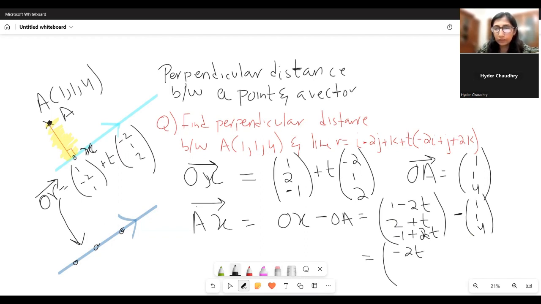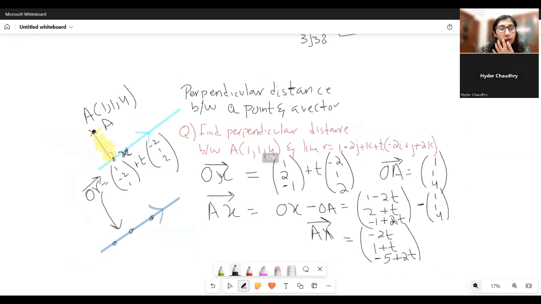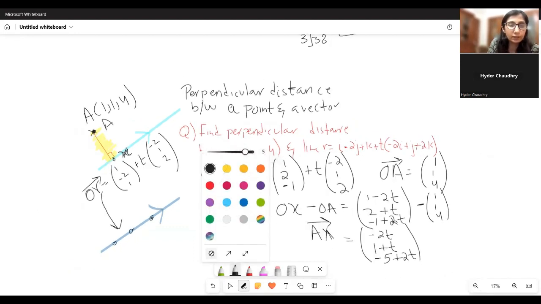Then 2 plus t minus 1 is 1 plus t. And minus 1 plus 2t minus 4 would be minus 5 plus 2t. And that is the expression for vector AX. Okay, so now I have the vector AX.